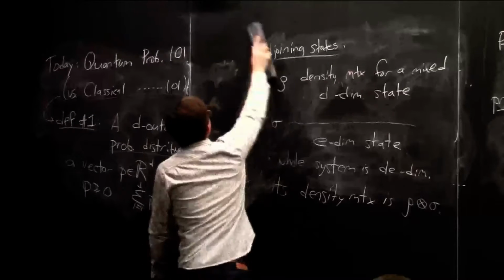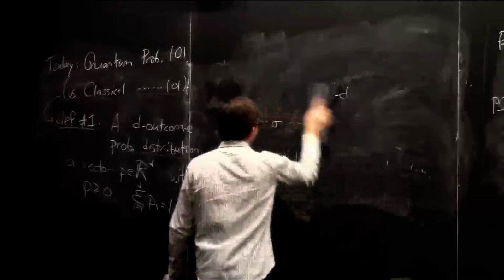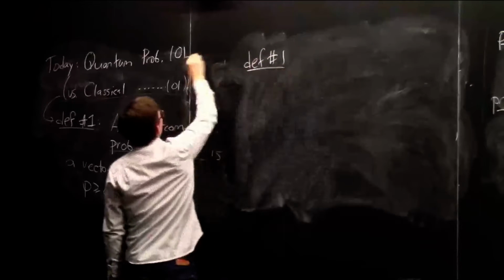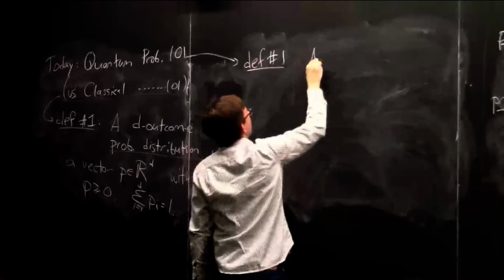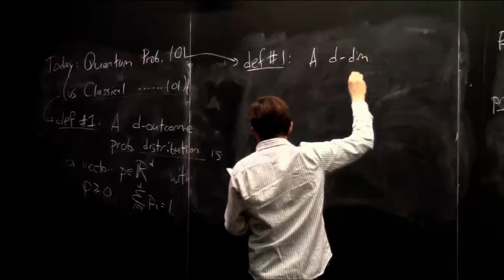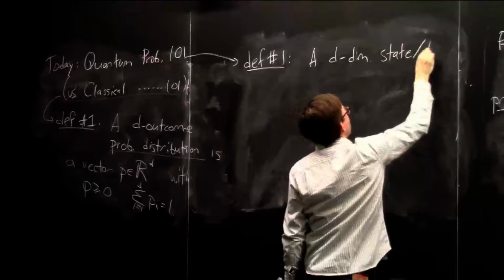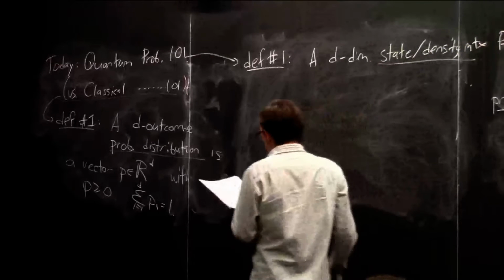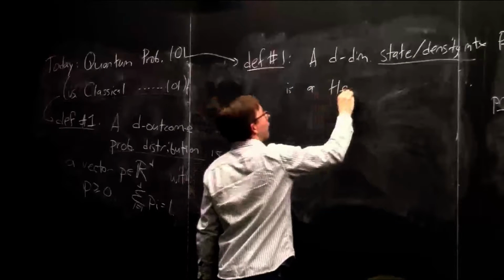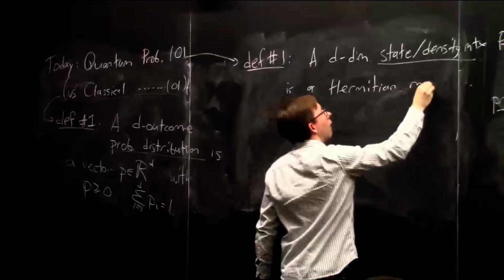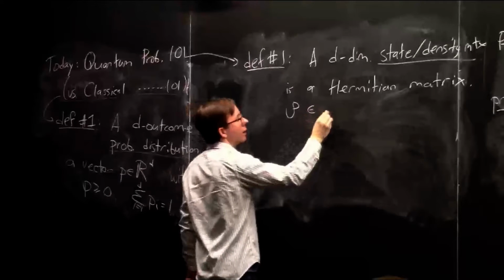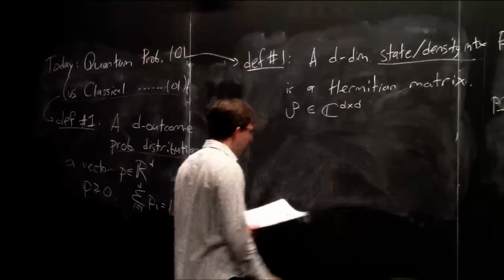Well, in quantum probability, we have a very, very similar looking definition 1. We saw it already, but I'll write it again. This is in quantum probability: a d-dimensional state or density matrix is a Hermitian matrix rho, you just draw P and put a little curve at the end, with two properties.